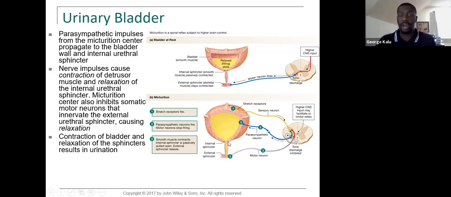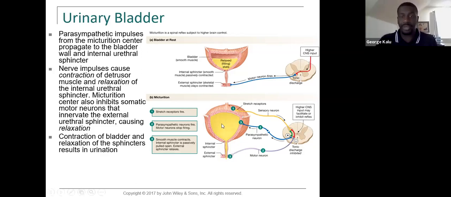And when we are ready to pee, we can voluntarily relax our external urethral sphincter. That causes another opening, and that allows pee to flow out of the urethra and then into the toilet, ideally.